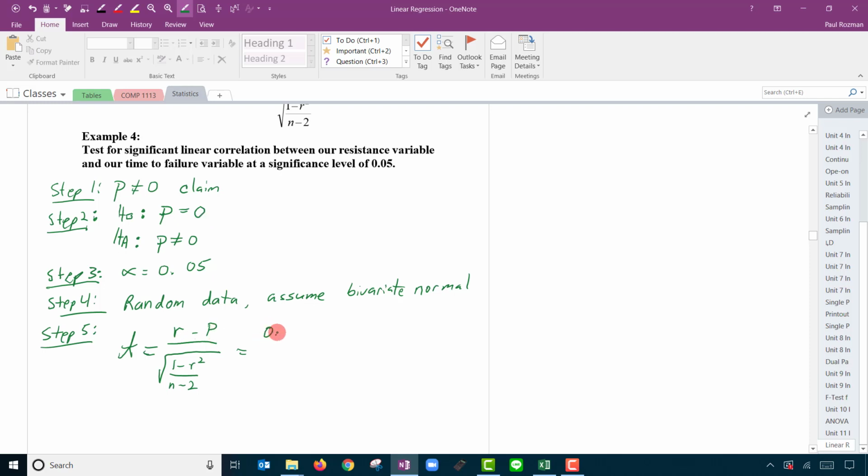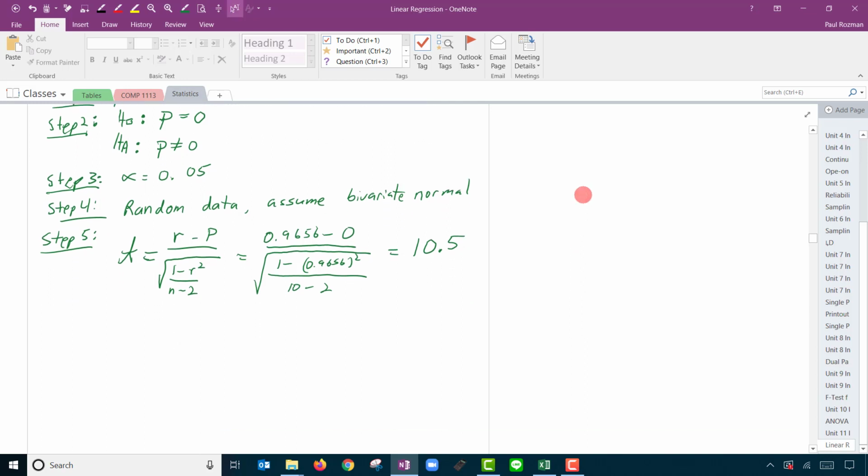Our r value is 0.9656, and then we're subtracting 0. And I believe we had 10 pairs, so it'll be 10 minus 2. And we get a test statistic of 10.5. That's a crazy big T.